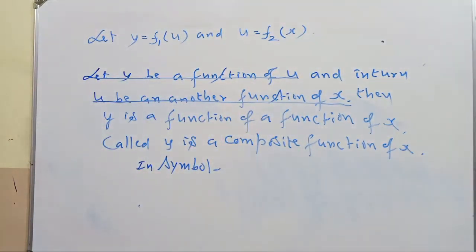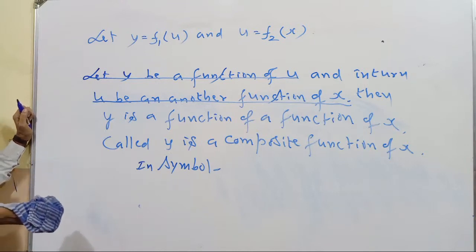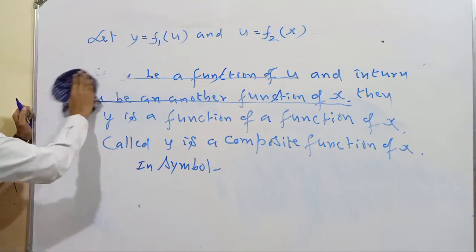We have written the same thing in symbols. First y is a function of u, second u is another function of x. First function f1, second function f2.